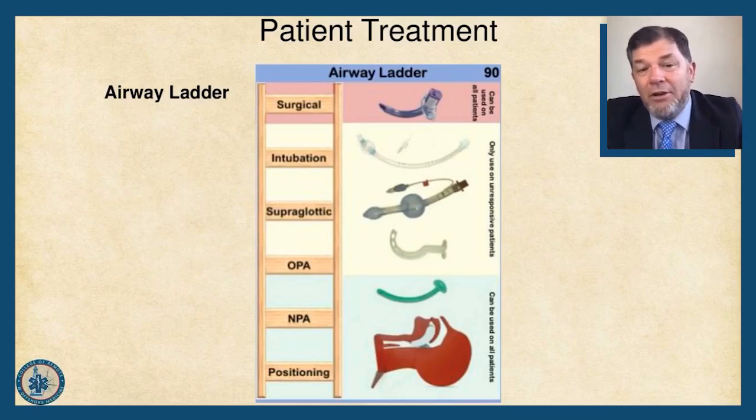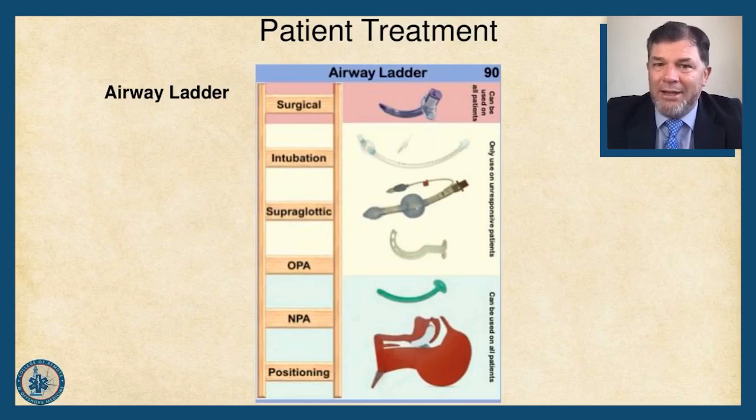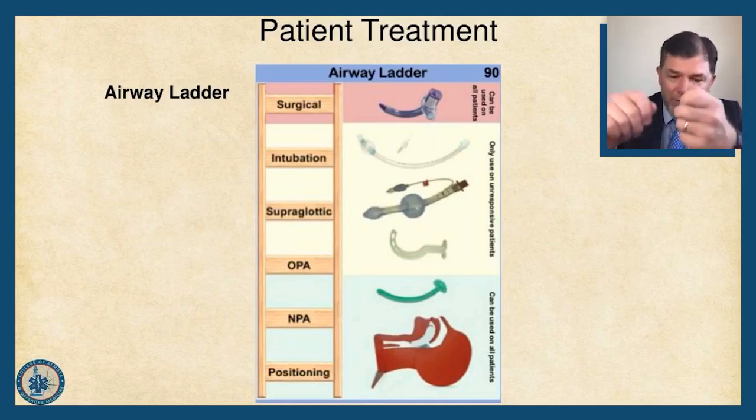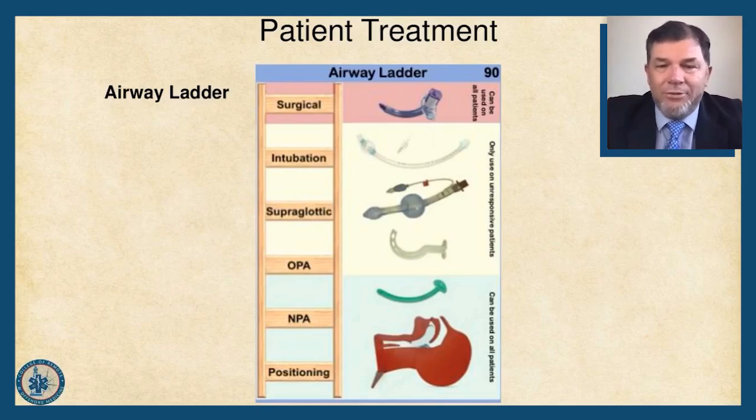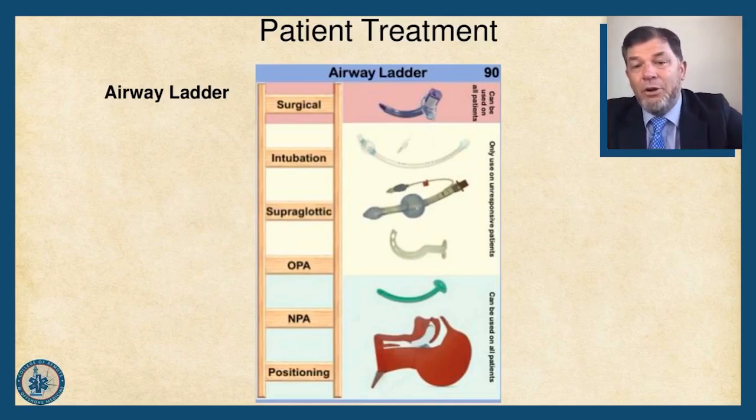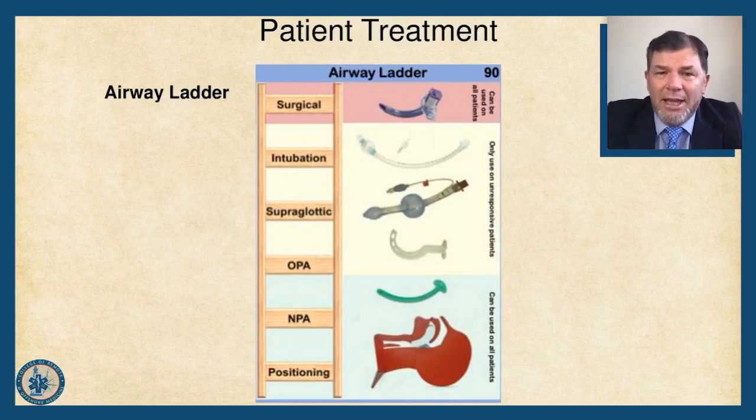So if the supraglottic doesn't work, then we need to start looking at intubation. And with intubation, hopefully he's a dead guy already. Most of the intubations I've ever done in my life are dead people. They're cardiac, and we're doing compressions, we finally got time to stabilize and put the tube in, and that's fine. RSIs, you're intubating a person that's alive, and it's a lot riskier.